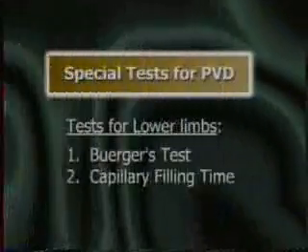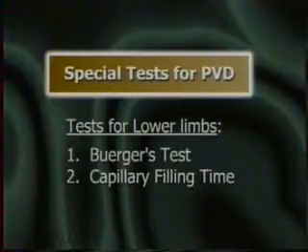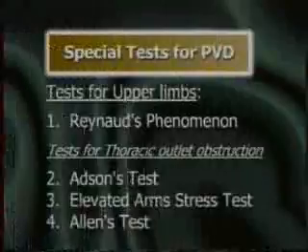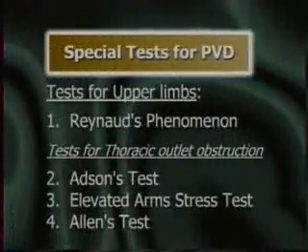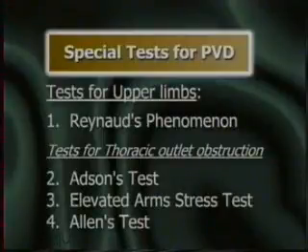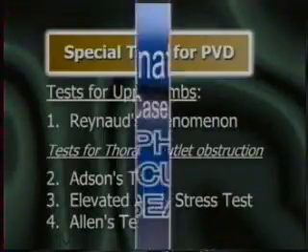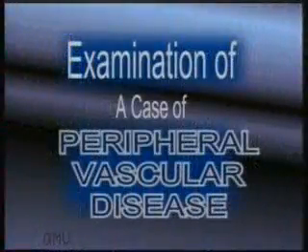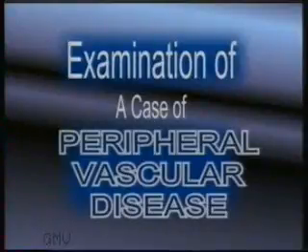Lastly, we performed the special tests for peripheral vascular disease. In the lower limb, we performed the Berger's test and capillary filling time. In the upper limb, Raynaud's phenomenon, Addison's test, elevated arms stress test and Allen's test. This completes the study of examination of a case of peripheral vascular disease.